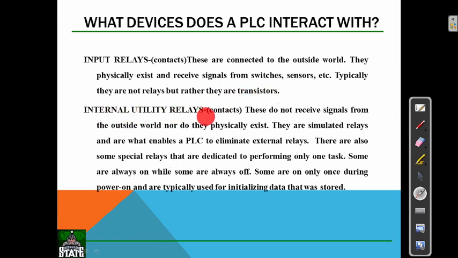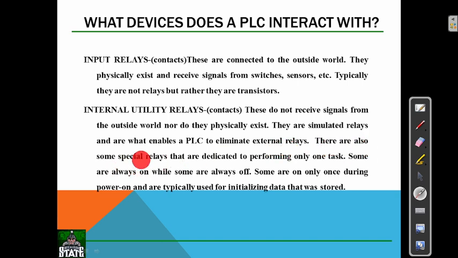Internal utility relays, contacts: these do not receive signals from the outside world, nor do they physically exist. They are simulated relays and are what enable the PLC to eliminate external relays.